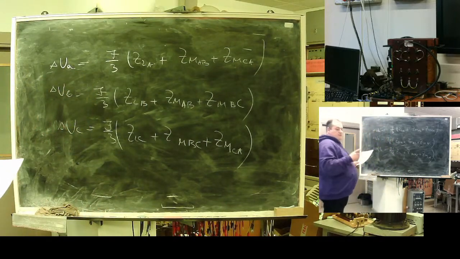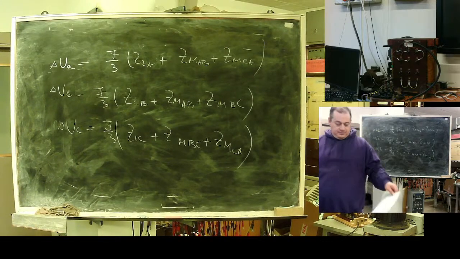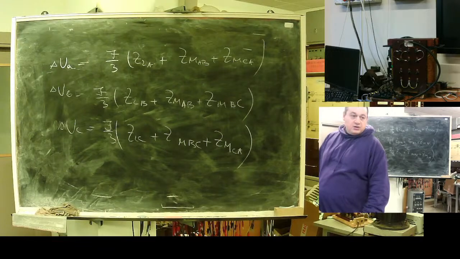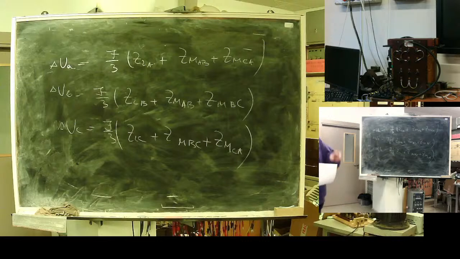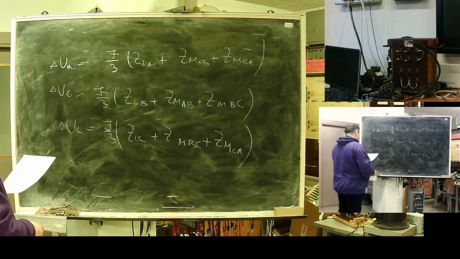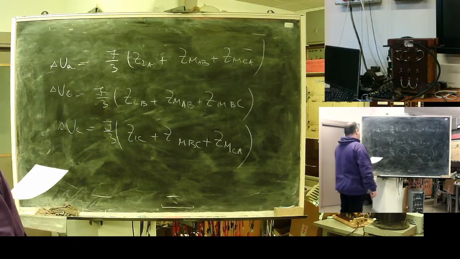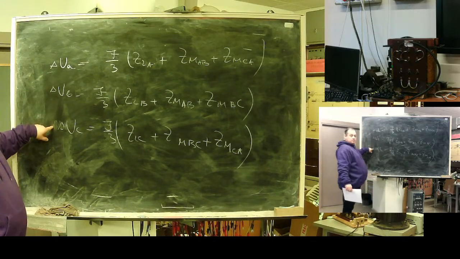If we start with the full transposition circle, each phase takes all three positions, yeah? And if each phase takes all three positions, for the full transposition circle, for each phase we need to sum this.